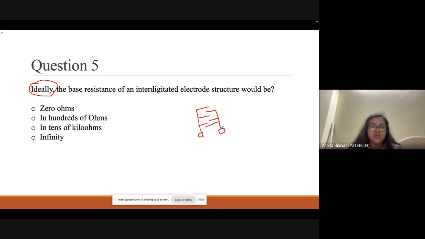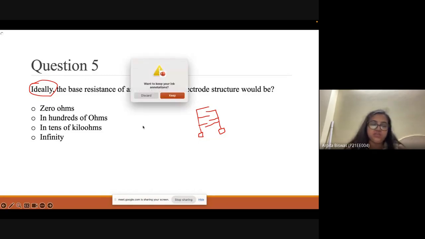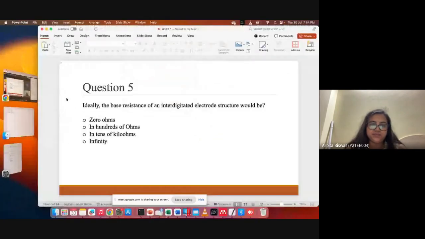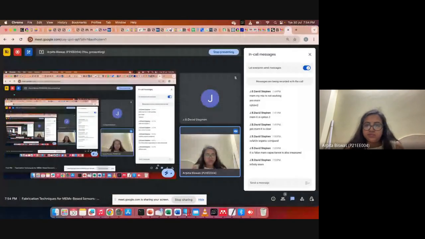So the question is, ideally the base resistance of an interdigitated electrode structure would be: first option is 0 ohm, second option is in thousands of ohm, third option is in tens of kilo ohm, and fourth option is infinite. So this is a simple question. Let's try to find out the answer. Infinite. Good. So the right answer is infinite.